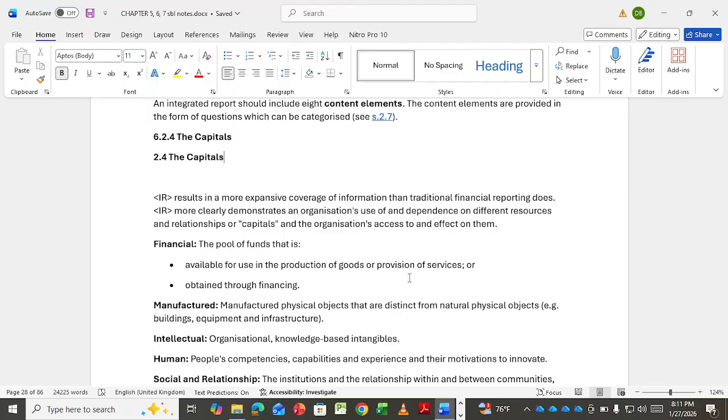Then we have the human capital. Human capital talks about the people, the competencies that they have, the skills, their capabilities, their experiences.